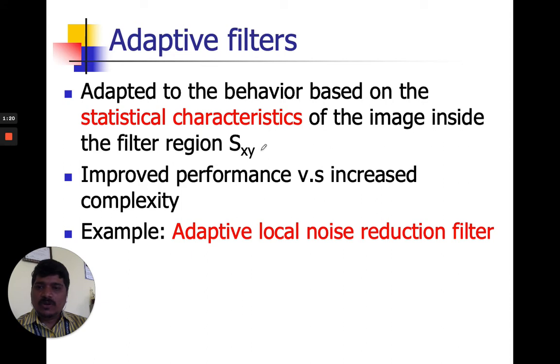Within a bounding box, the behavior can be defined. That bounding box, or the size of the image, may be m cross n. Inside this m cross n image, the region will be considered as S of xy. It is based on an improved version versus increased complexity.